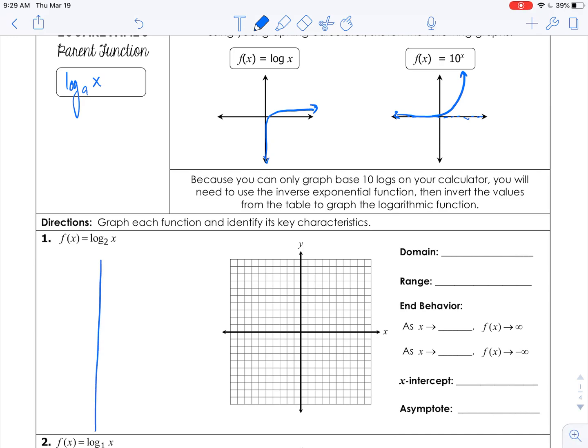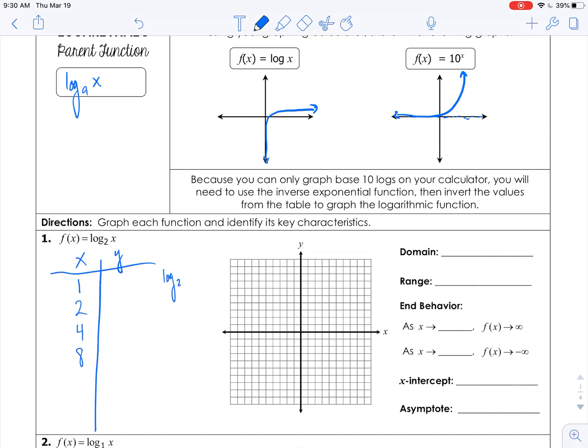So let's start with our log base 2 of x, and like we always do, we're going to make our xy table. Let's just start with some powers of 2. So we'll start with 1, and then 2, and 4, and then 8.